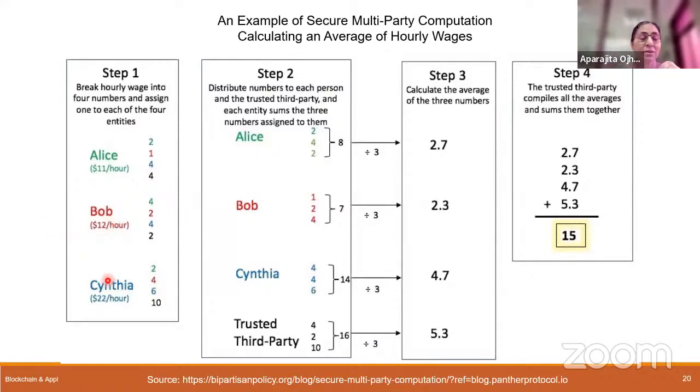Bob will also think so, but Cynthia will be happy that she is getting much above what others are getting. So this is one method, explained here in a very simple way, but secure multi-party computations have very robust and secure algorithms for revealing the output so that no input is revealed.